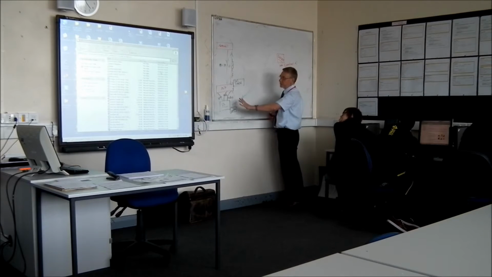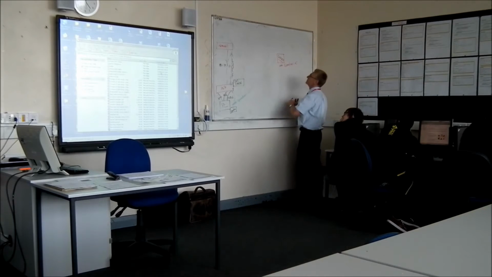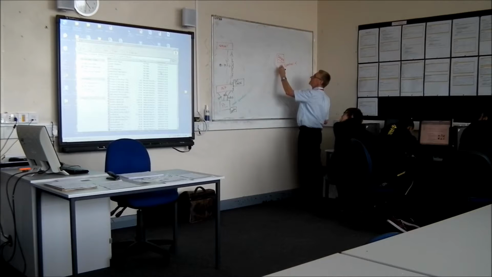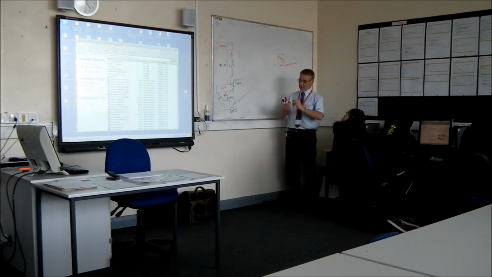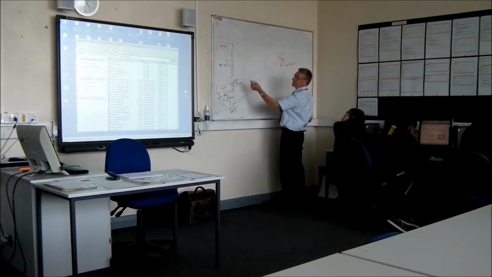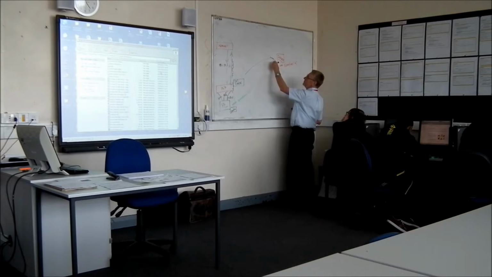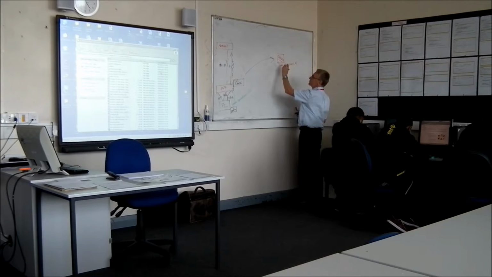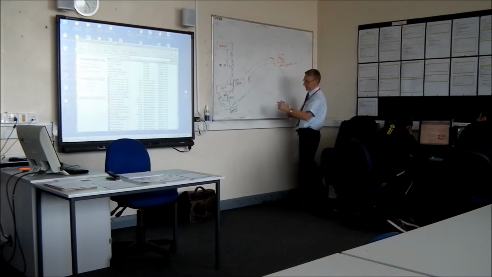This DNS lookup is taking place, and we eventually establish that the address of that site is 212.4.7.94, which just happens to be this server here. So our browser, or the request from our browser, navigates its way to that server, and that server says, right, you want the home page, we'll send that home page back directly to your PC.